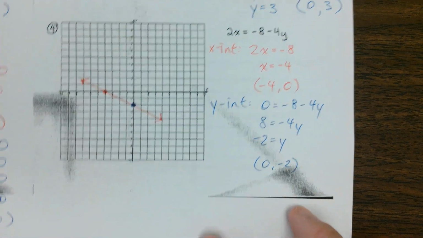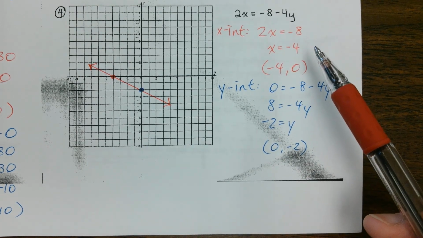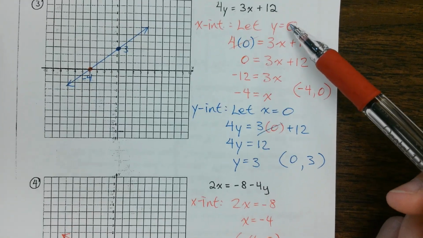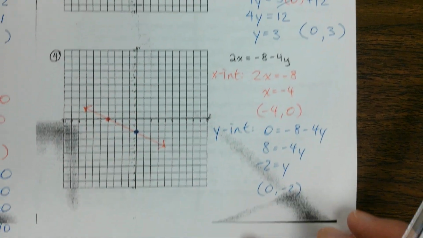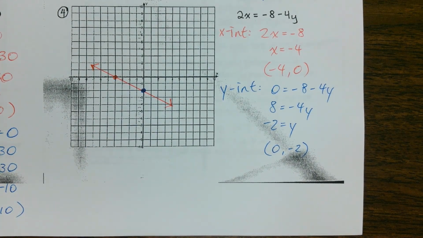Okay, how many of you got this? Awesome. Okay, once you're comfortable with finding x and y intercepts, you don't have to write out every single step. You could skip steps once you're comfortable. If you're not comfortable yet, then write down every single step. It's okay.